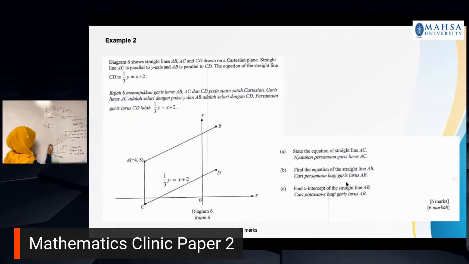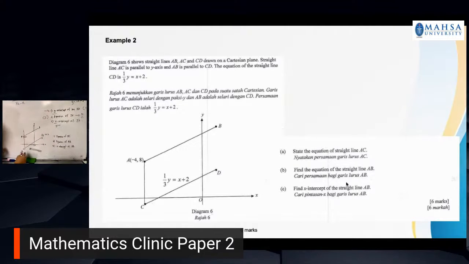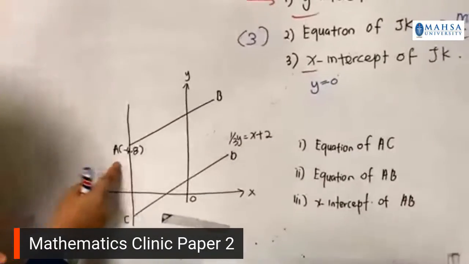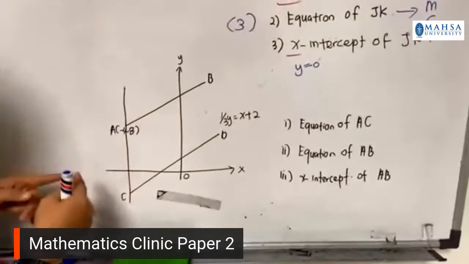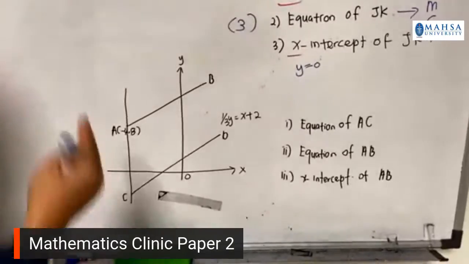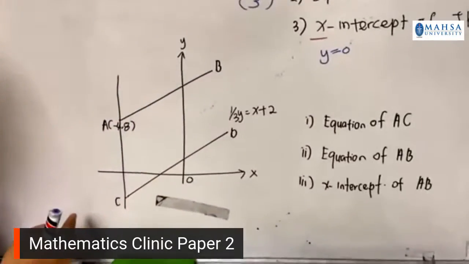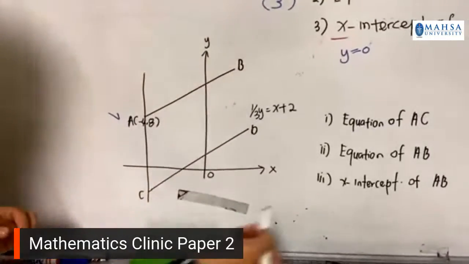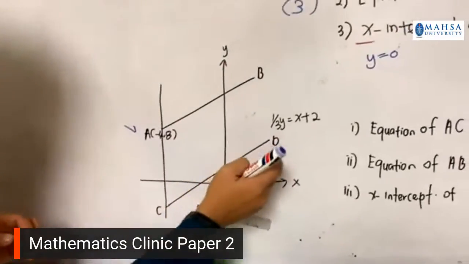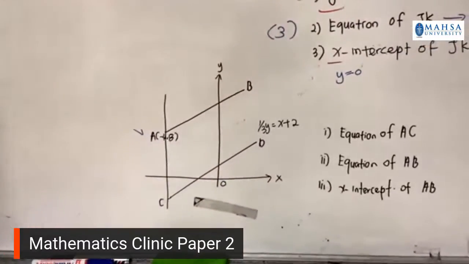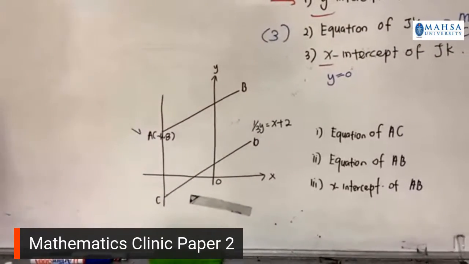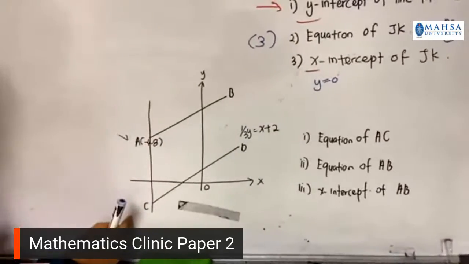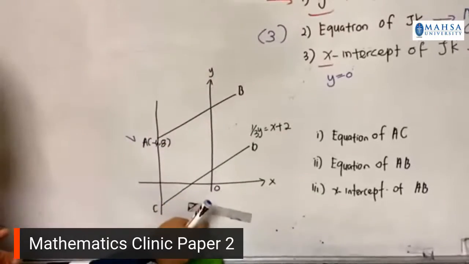For this question, given the information in the question, AB is parallel to CD, and given point A and the equation of CD. You need to find the equation of AC, and there is additional information given in the question, which is that AC is parallel to the y-axis.